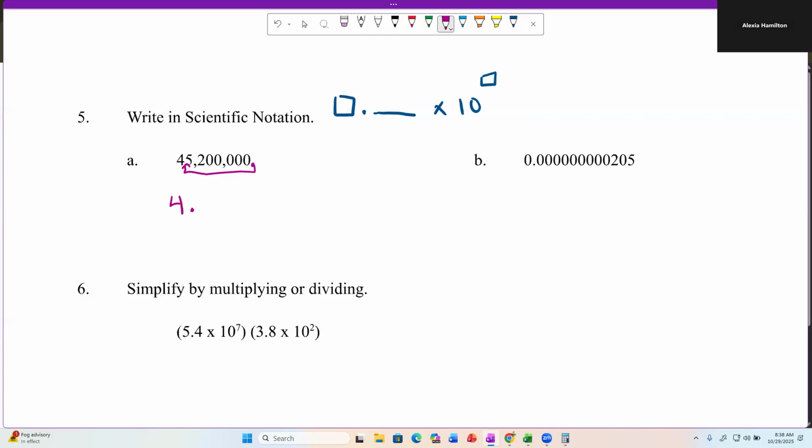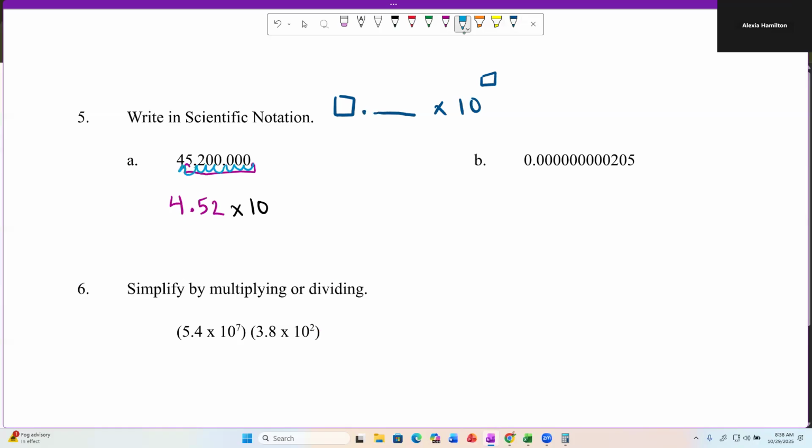So 4.52. I don't have to write the zeros behind the 2 because there's no other digit. If you wanted to, you can. And then we have our times 10. The exponent is how many spaces it moved. 1, 2, 3, 4, 5, 6.